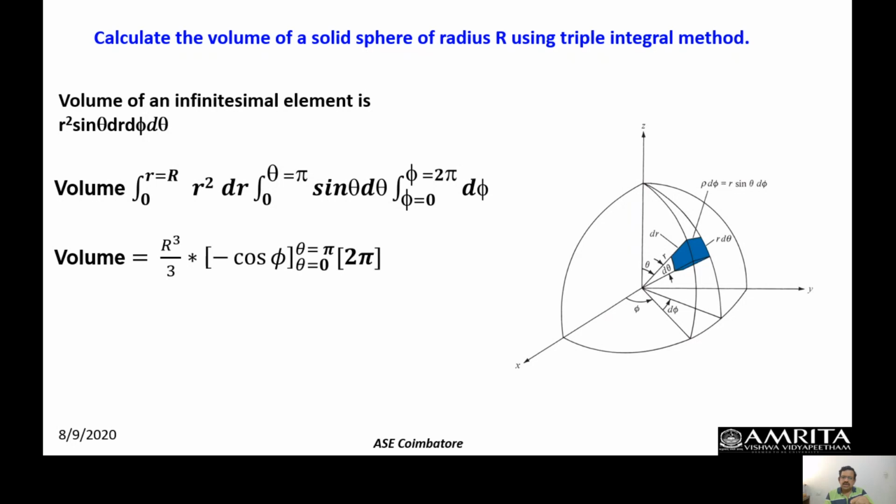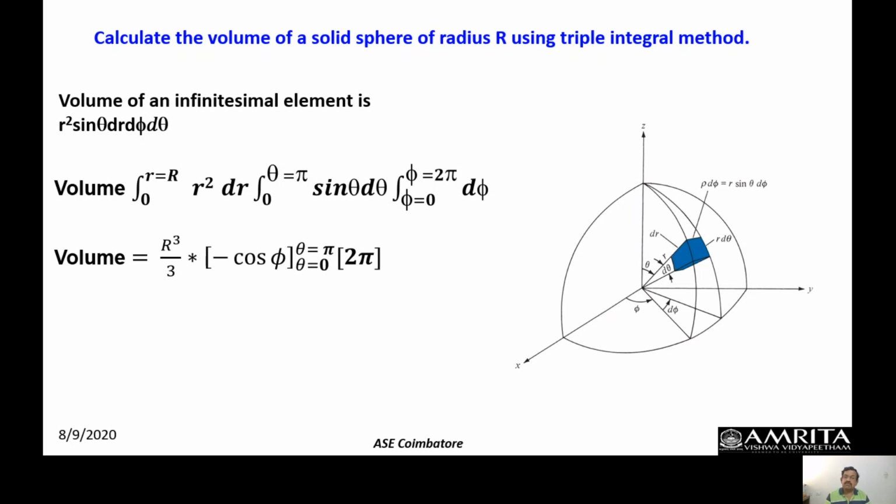This is the main point on this. For the limits, the polar angle varies only from 0 to pi. It is not 0 to 2 pi. I emphasize this point very carefully because this is something that we will be using throughout this course.